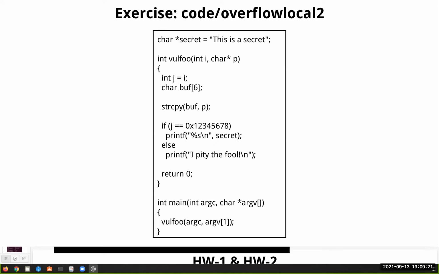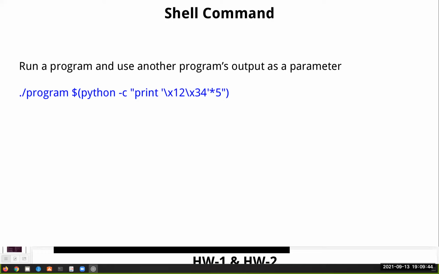However, J has to match this value for us to trigger the program to output the secret box. So what we need to do is calculate how many bytes we should overwrite.